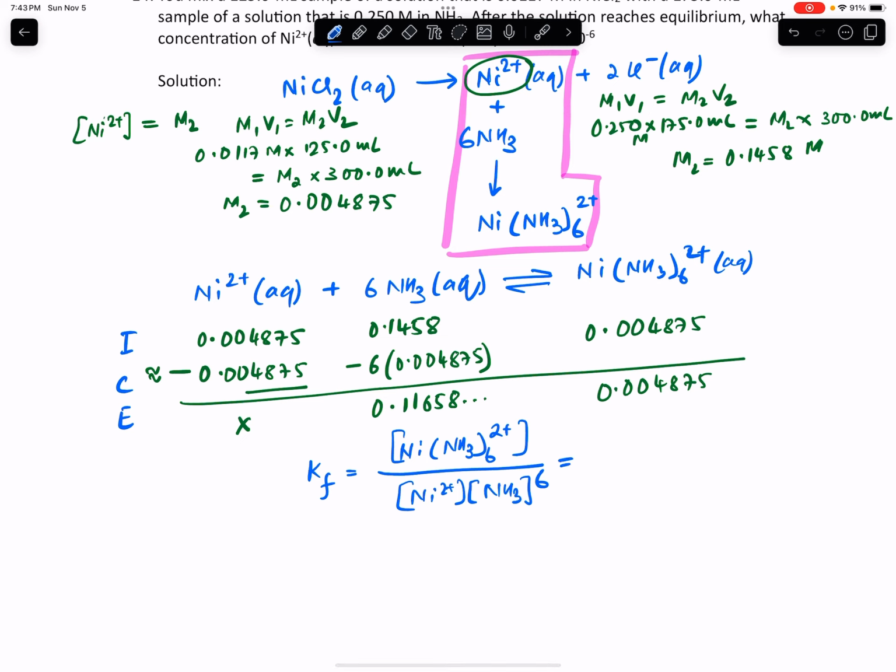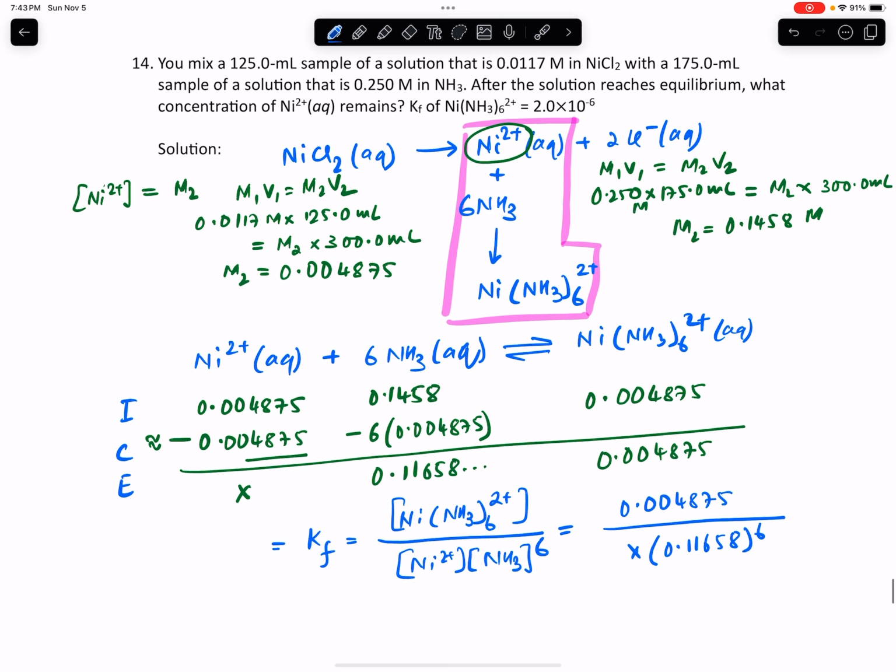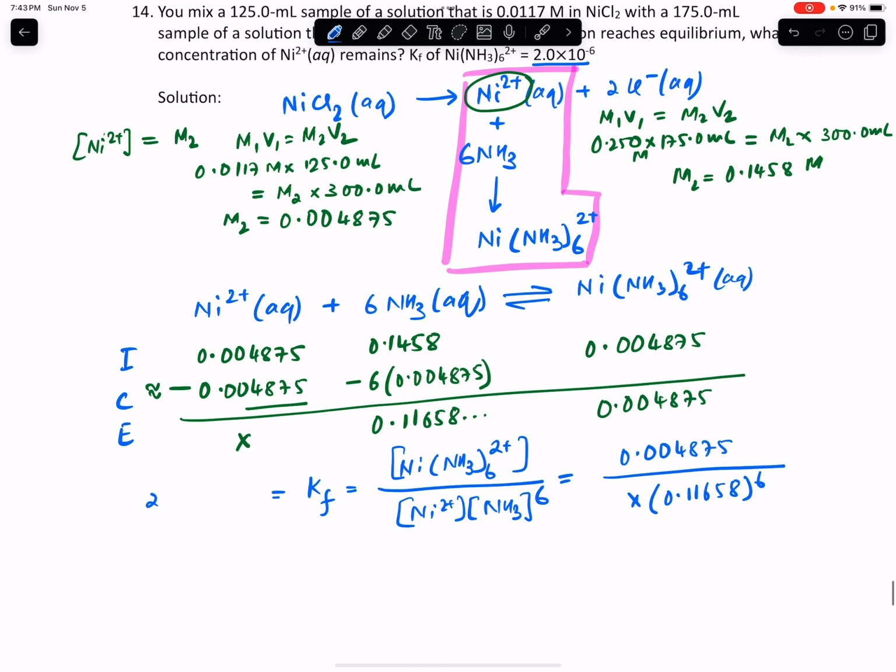Let's plug the values in: 0.004875 divided by nickel, which is x, times ammonia 6 times, which is 0.11658 raised to the power of 6. And Kf is 2.0 times 10 to the negative 6.